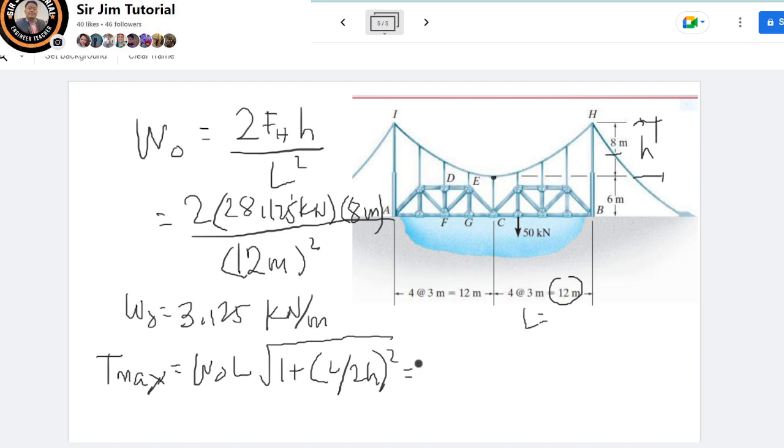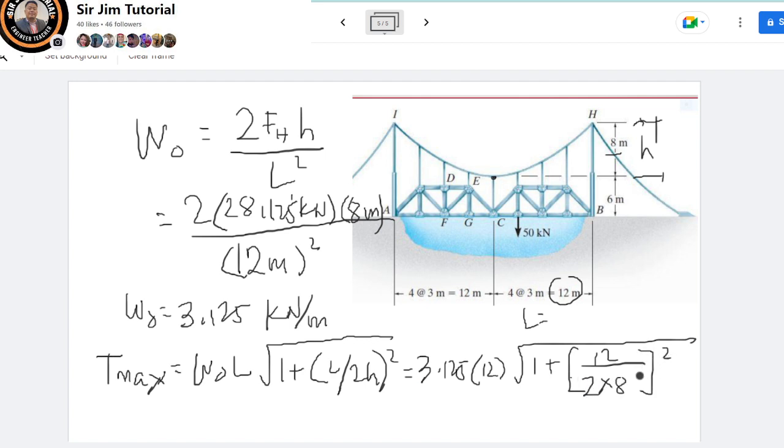So we can substitute: WO is 3.125, L is equal to 12, you have 1 plus L, which is 12, over 2 times 8, since H is 8, squared. So Tmax shall be equal to 46.9 kilonewton.